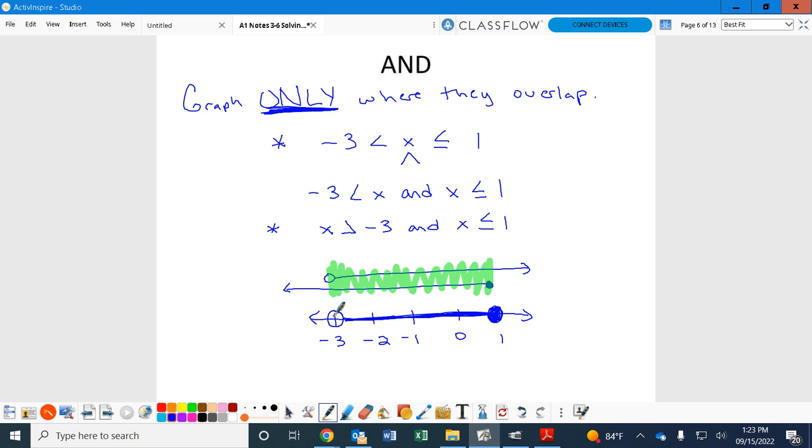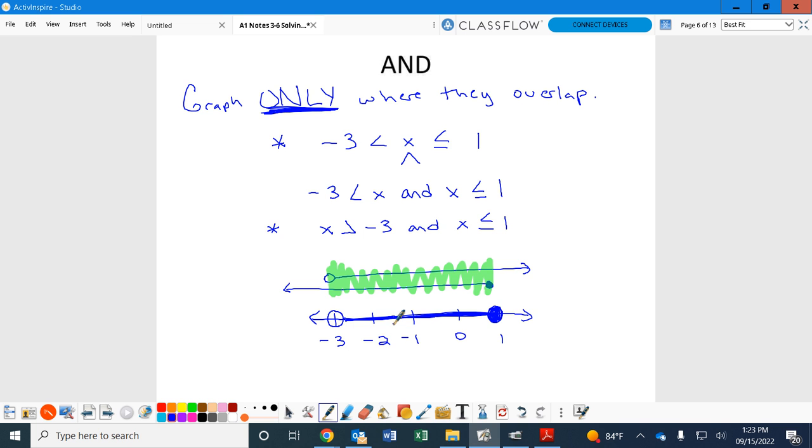It's just a border. It's just holding the spot. Would 5 be part of your solution set? No. You're good. That's going to be a no because it's out here. It only is the part where it's true for both of them. So it's only right here in the middle, guys. So far, any questions? Okay, guys.